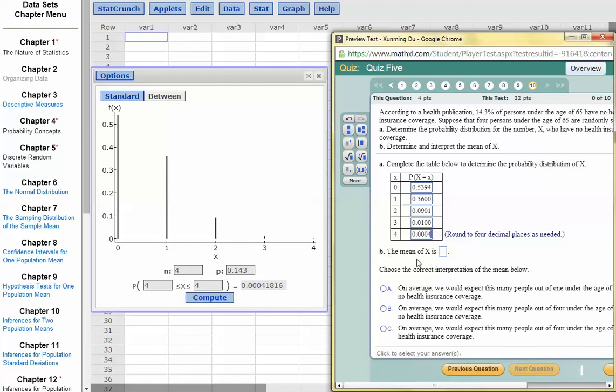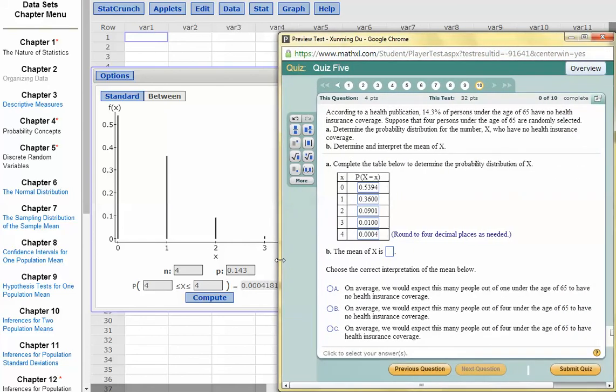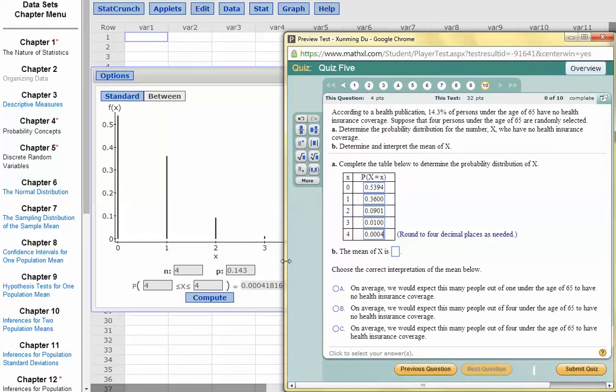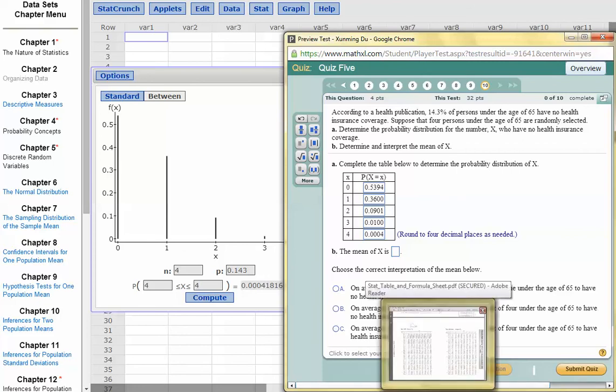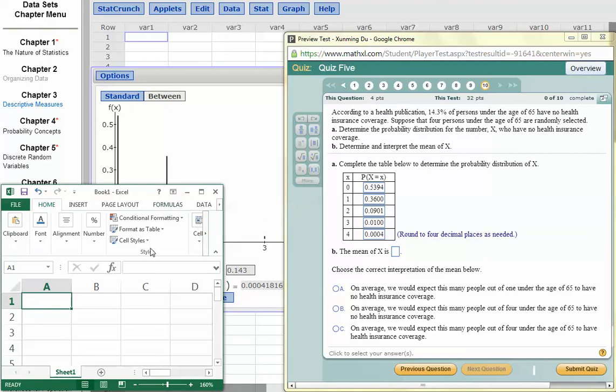Now for this one, the mean of X, you cannot really do by using StatCrunch. For this one, you have to use Excel, or you calculate on your computer. What is the population mean?